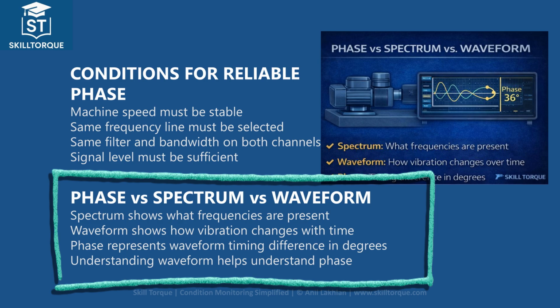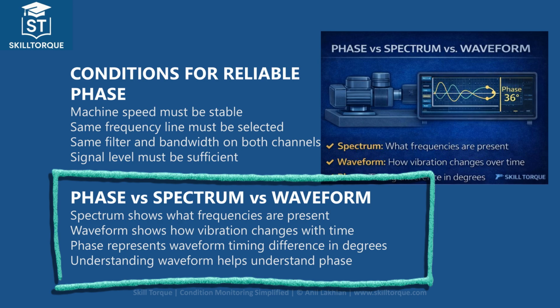And the third very important thing, the phase always tells us the exact timing difference in degrees. So if I want to express it in simple words, phase is waveform timing expressed in degrees. If you understand the waveform, definitely you will understand the phase.